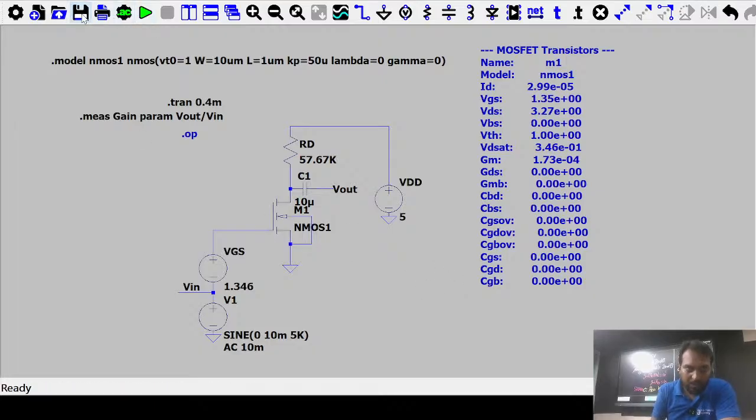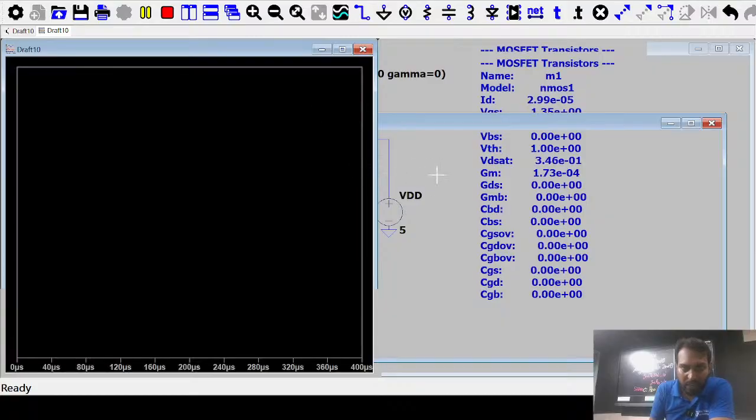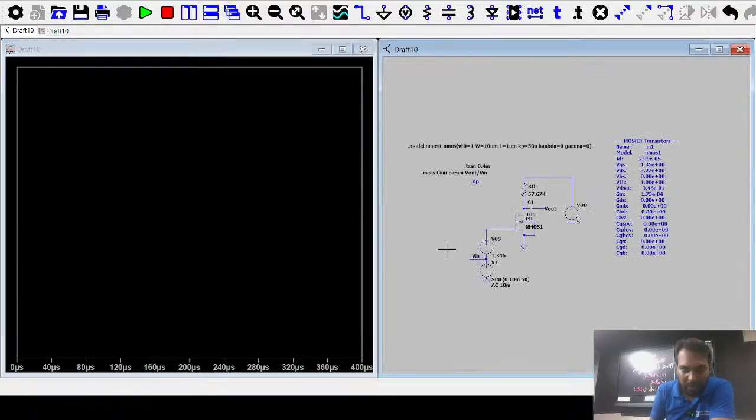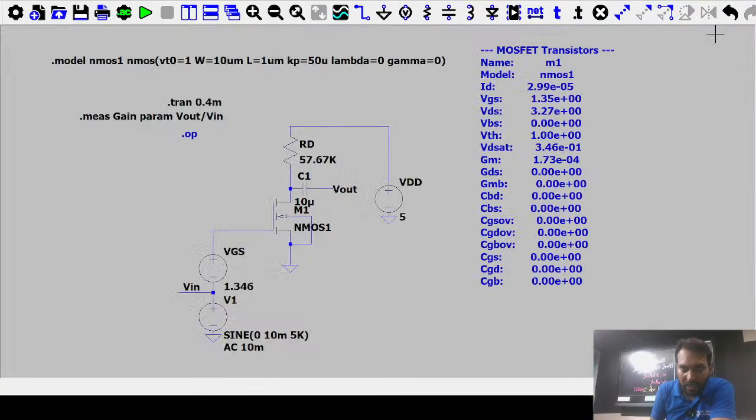So I save it and run it. It is taking time, of course, because this is too bulky and my system is also very bulky, with a lot of things on it. Okay, I am not interested in the graph, so I just cancel this.